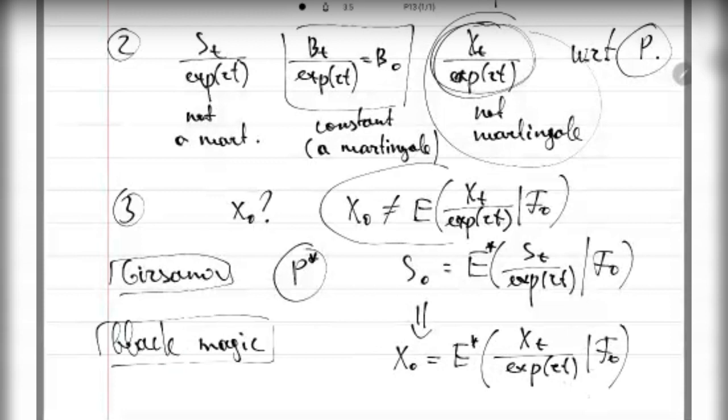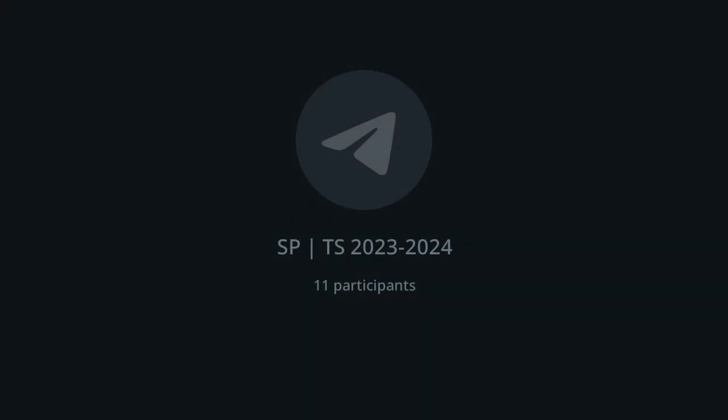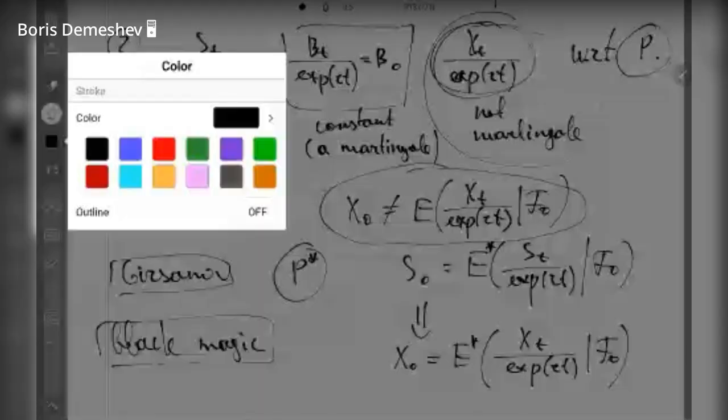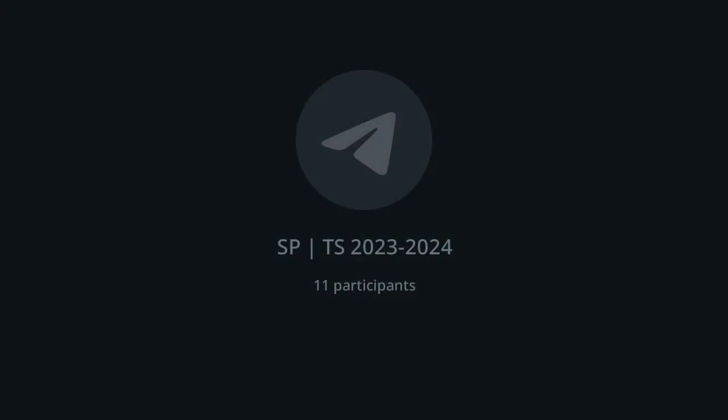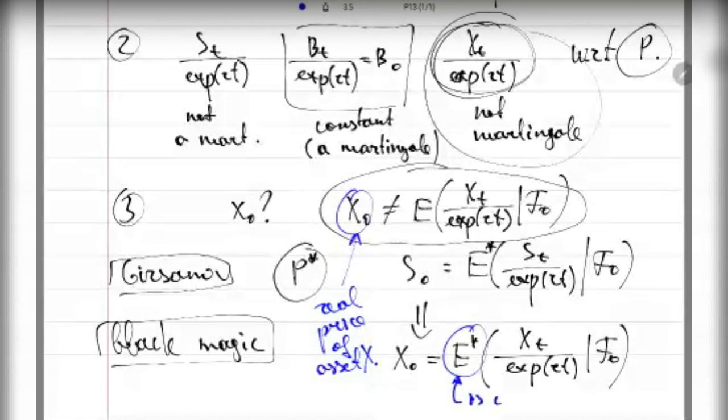We have no such identity in the real world, so let's use an artificial measure, but this artificial measure will be used to calculate a real-life object. An artificial construction is used to calculate something real, because X_0 is a real object, a real price of asset X, and this expected value under star is calculated using an imaginary, artificial probability, the artificial P star.